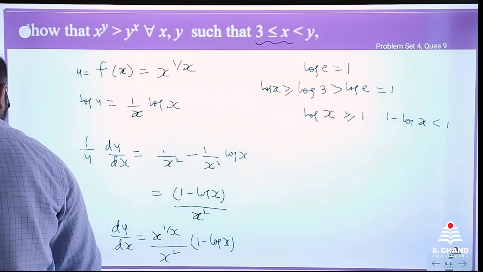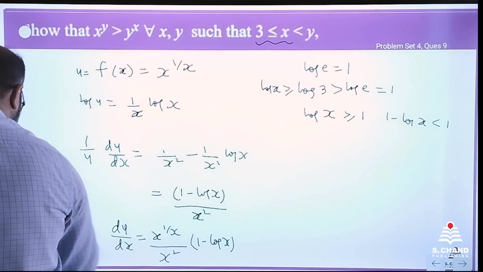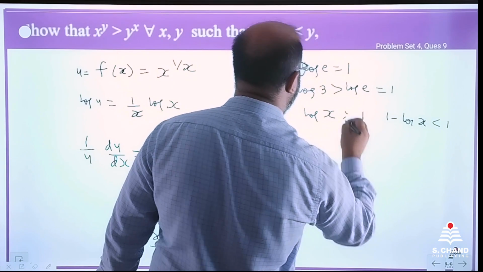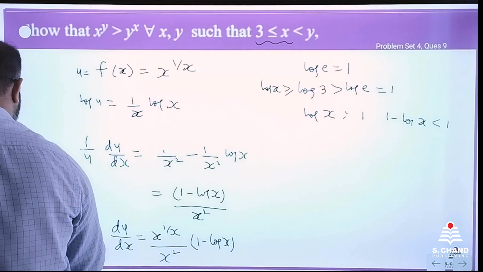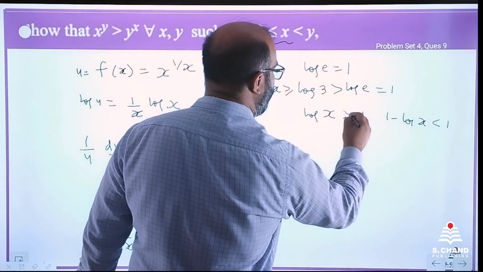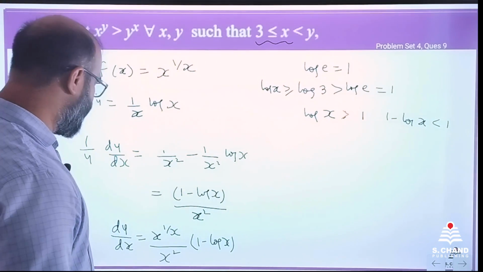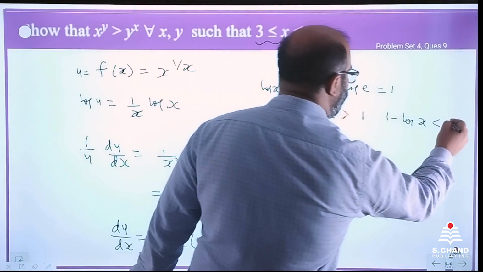There is no equality here, so we can eliminate this equality, as between these two there is a greater than sign, not an equal to sign. So 1 minus log x is less than 0.